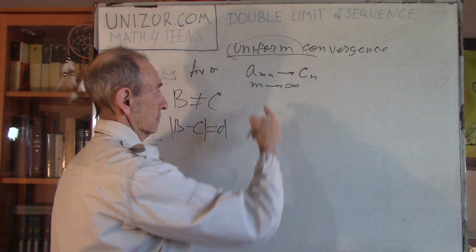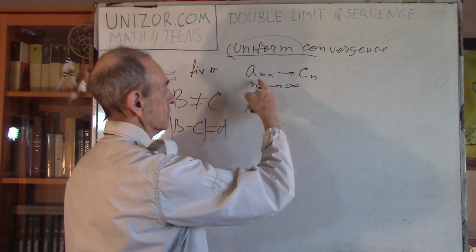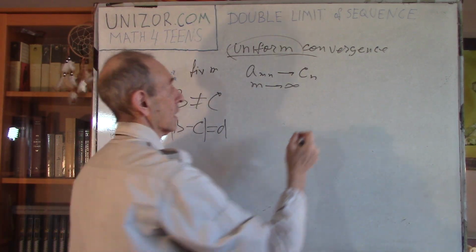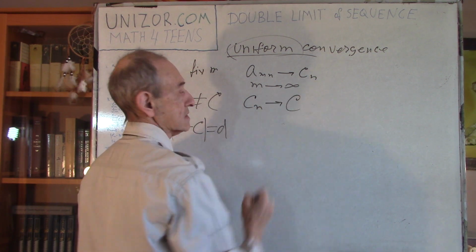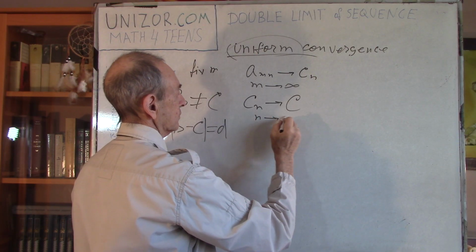So the first index is changing, the second index is fixed. In turn, c_n goes to some c if n goes to infinity.